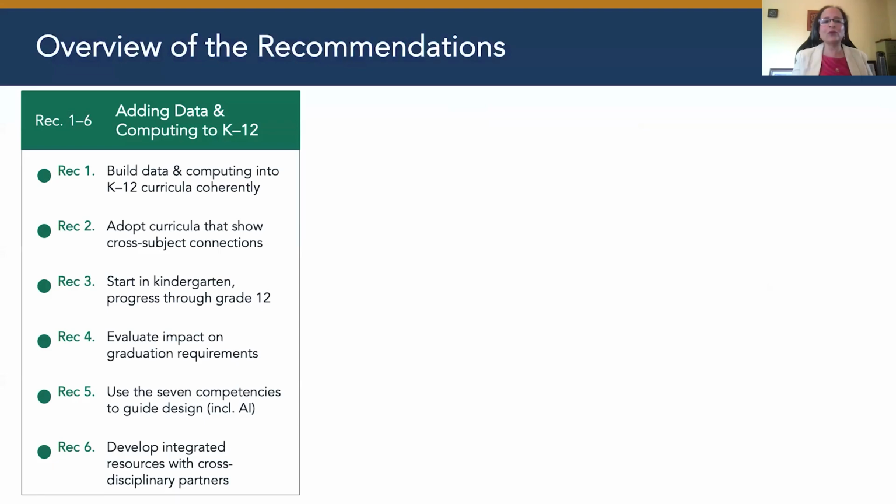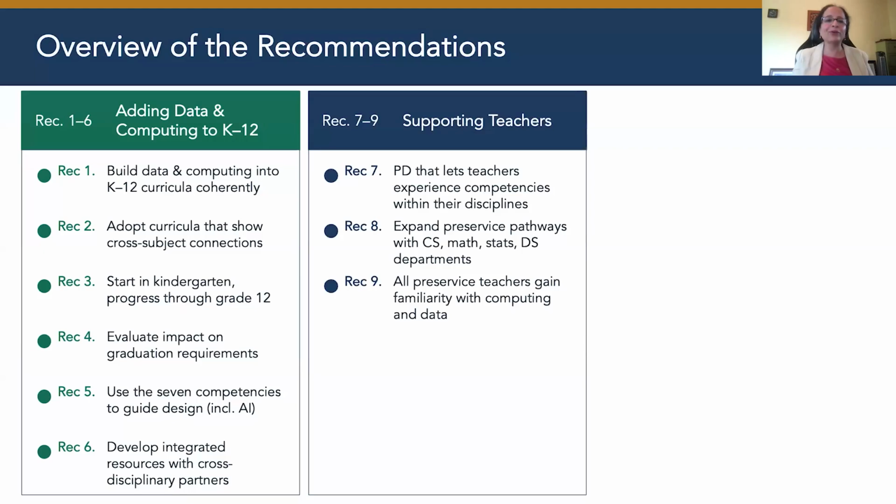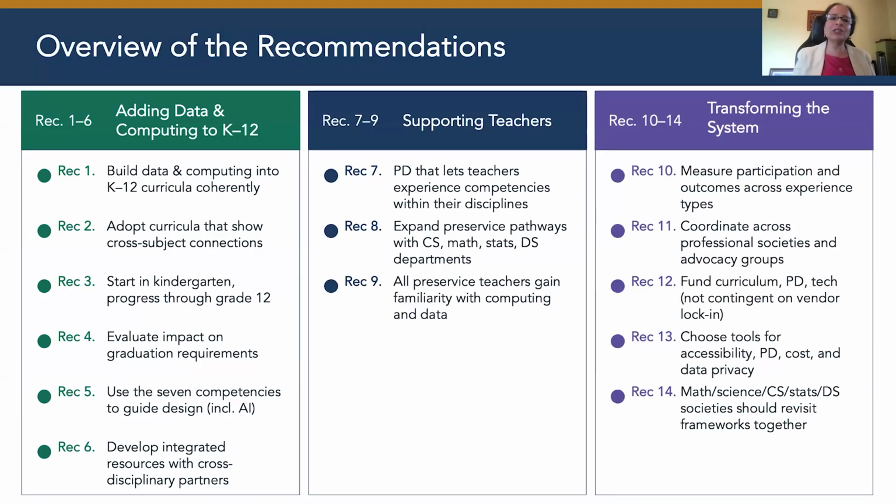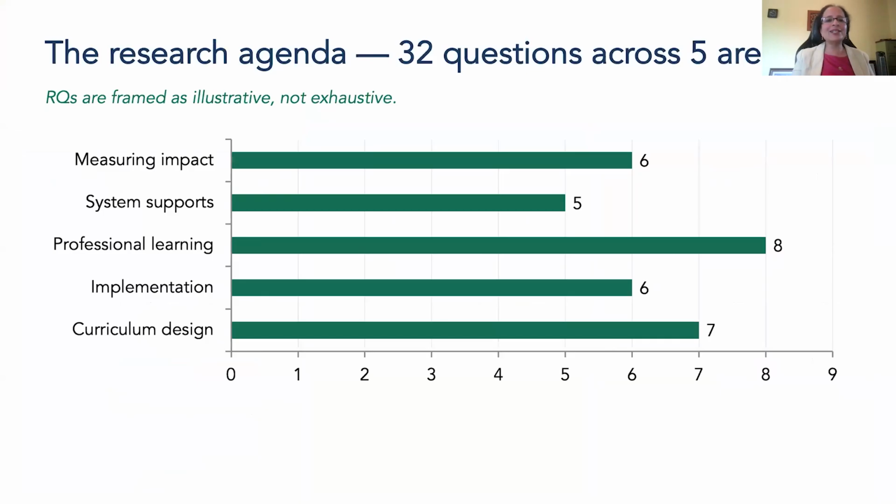The recommendations fall under 3 buckets: adding data and computing to K-12, many of which flow from whatever I've already talked about, supporting teachers, and transforming the system. The research agenda is 32 questions around 5 areas: curriculum design, implementation, professional learning, the most number of questions there, system supports, and measuring impact.